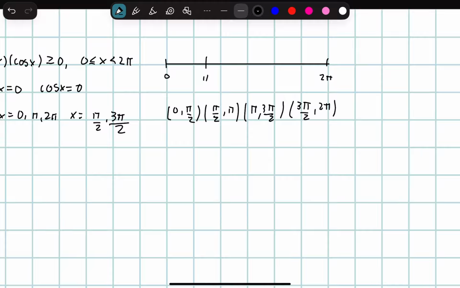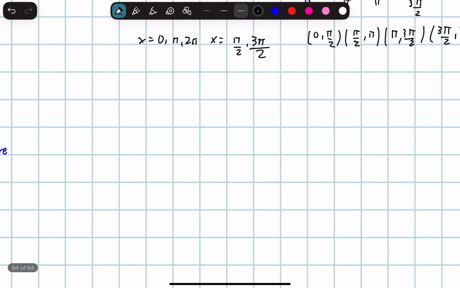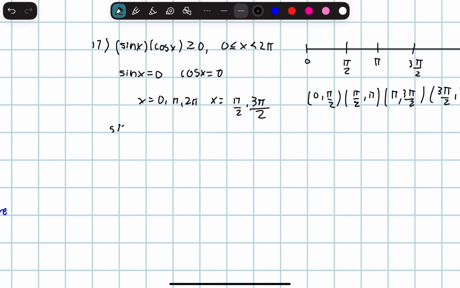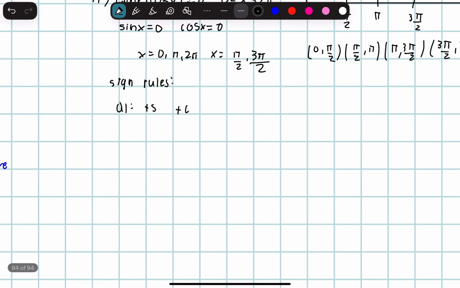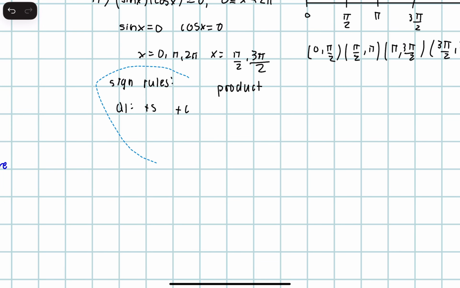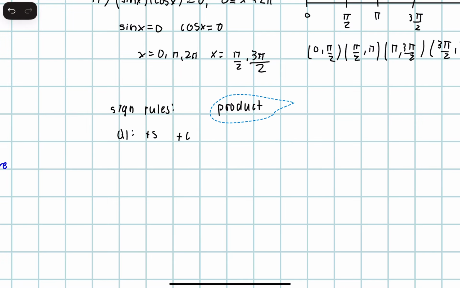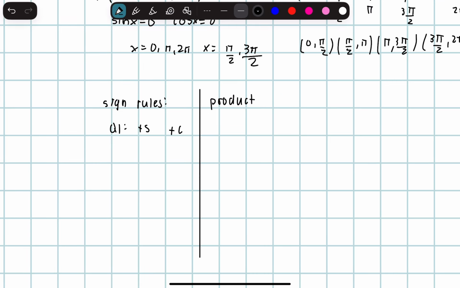So let's draw those: pi, 3 pi over 2, done.